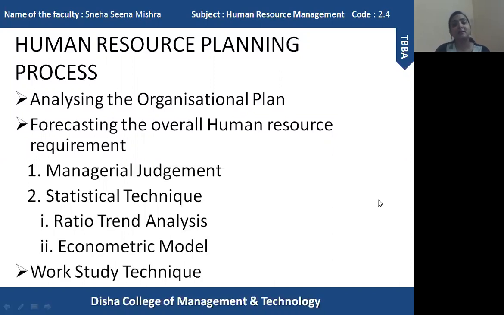Okay, now let us move to the second point of the steps of the HRP process. The second step here is forecasting the overall human resource requirement. Here we have to forecast the total requirement of human resource by the organization, the total number of people required within an organization.